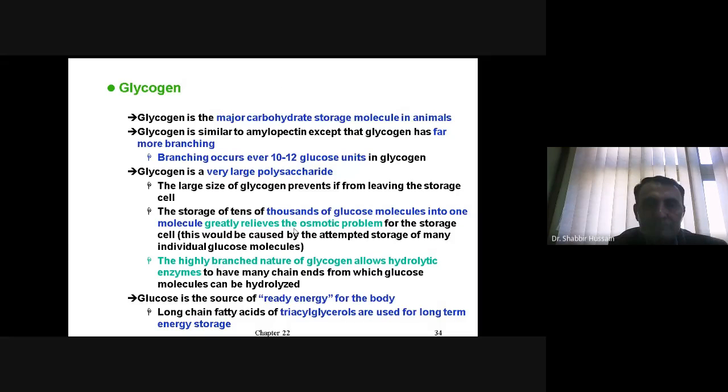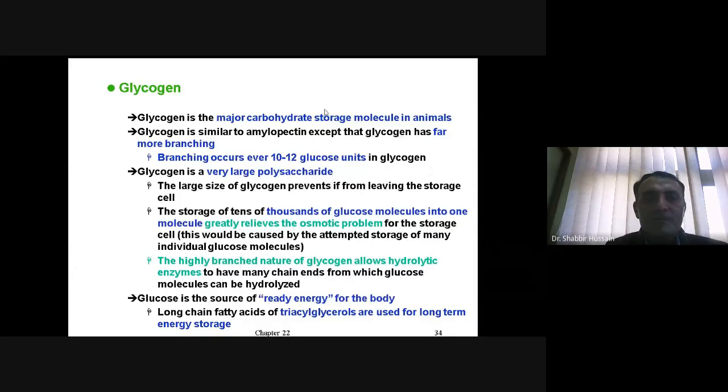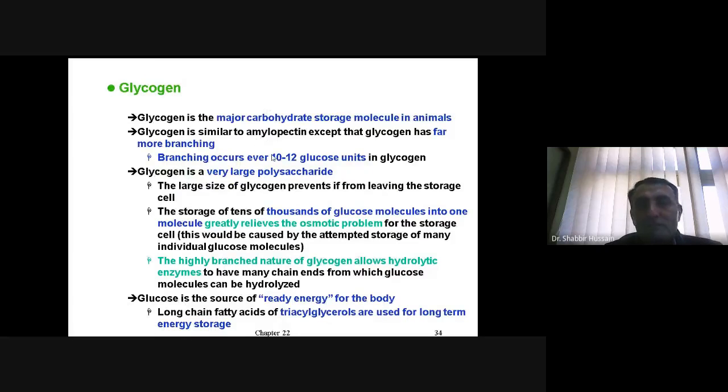The most important polysaccharide is glycogen. Glycogen is the major carbohydrate storage molecule in animals, right? Glycogen is similar to amylopectin, right? It is very similar to amylopectin that has branches, no doubt, but glycogen has far more branching as compared to amylopectin. Amylopectin से glycogen की branches जो होती हैं वो ज़्यादा होती हैं.